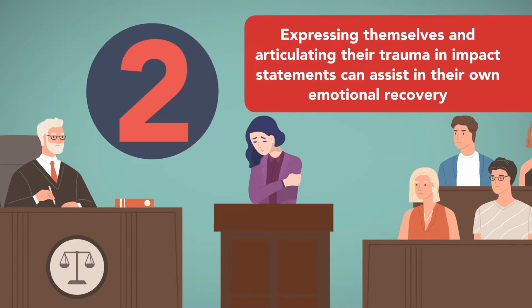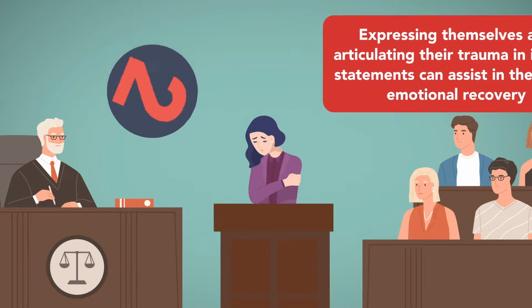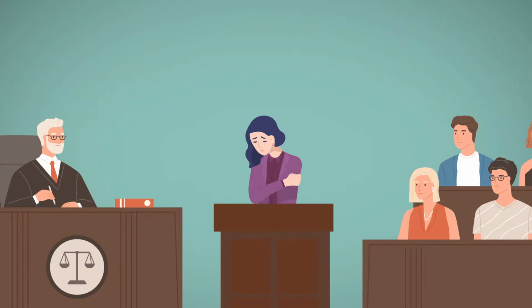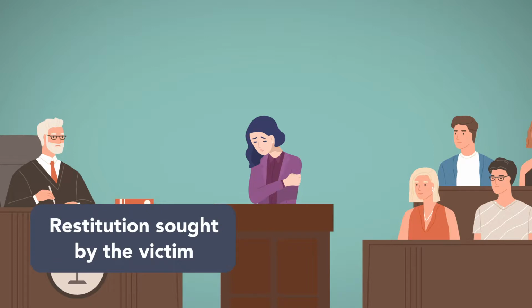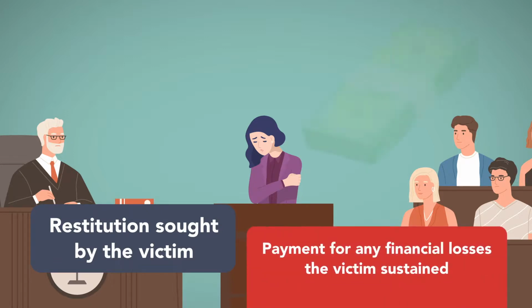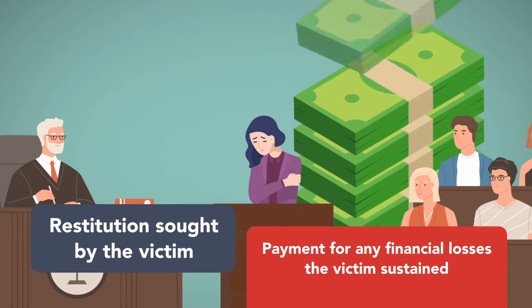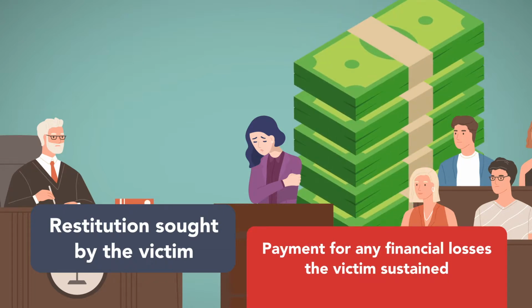Second, in some cases, victims find that expressing themselves and articulating their trauma in impact statements can assist in their own emotional recovery. A victim impact statement may also address any restitution sought by the victim. Restitution in this sense refers to payment for any financial losses the victim sustained as a result of the defendant's criminal actions.